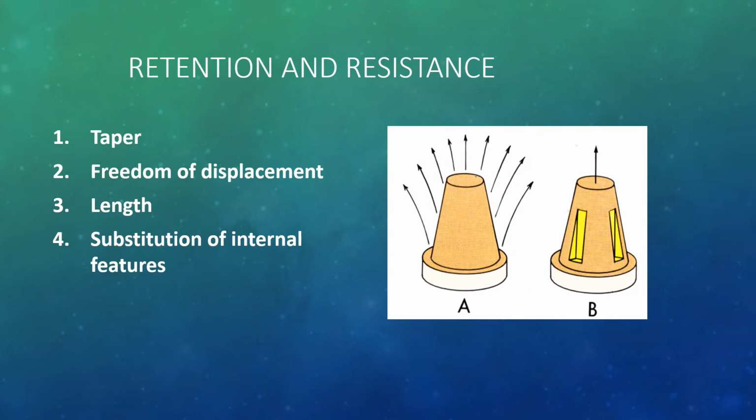As for freedom of displacement, the crown should not be free to move in the oblique or horizontal way. The length of the prepared tooth structure also should not be compromised, because the lesser the length, the lower the surface area, and hence the retention form is also compromised.